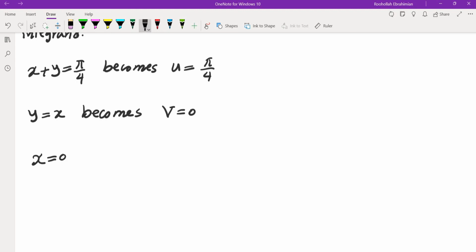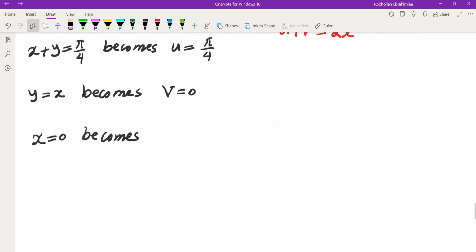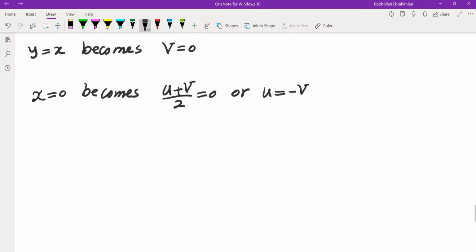So x equals 0 becomes, so we'll have to understand what is x equals 0. Well, we have to find x from here. From here, x is going to be u plus v over 2. So that's x. So this is going to become u plus v over 2 equals 0, which is u equals negative v. So we can draw this region in the uv plane.